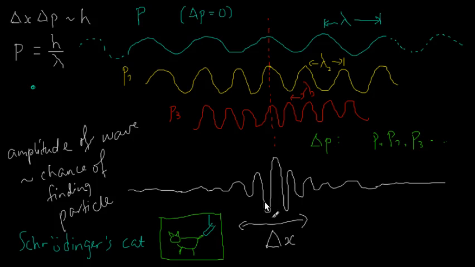So if we know that an electron is definitely within this range, it means that that electron must contain all these different wavelengths or momenta at the same time.